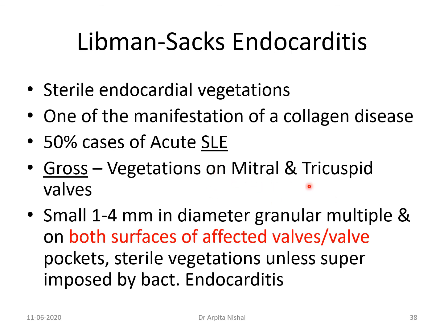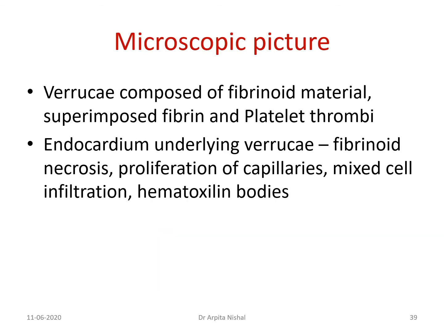Grossly vegetations are seen on mitral and tricuspid valve. They are small, 1 to 4 millimeter vegetations. Important thing is they are seen on both surfaces of the affected valve and in pockets. And they are sterile vegetations unless of course infected by bacteria.